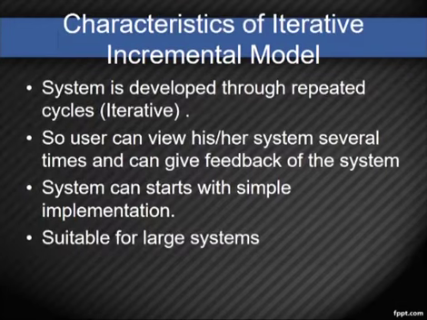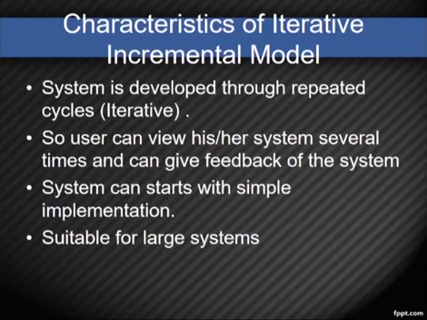So these are the characteristics. The system is developed through repeated cycles, right? It's iterative. The user can view his or her system several times and give feedback. We discussed that earlier. Every iteration, every cycle can be viewed by the user, and the user can give feedback to develop the system.